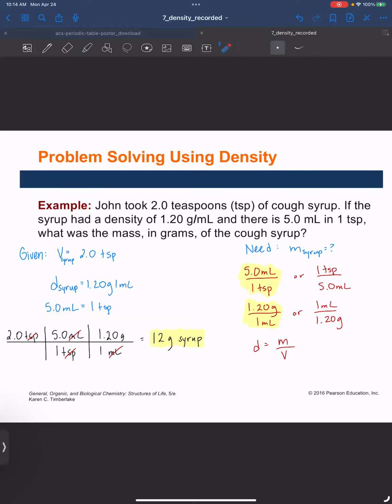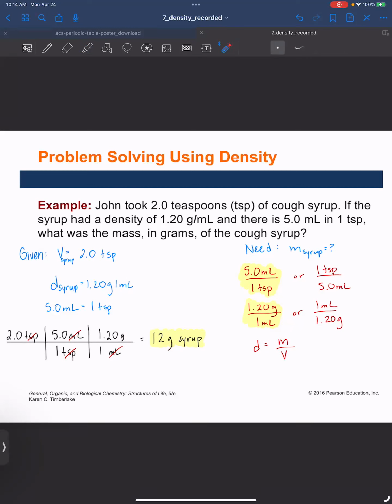And so once again, you didn't necessarily need to use the formula and rearrange. You can use conversion factors to help arrive at the answer because density in and of itself is a conversion factor. Now, if some of you feel more comfortable doing algebra when there are equations available like the density formula, that is totally fine.